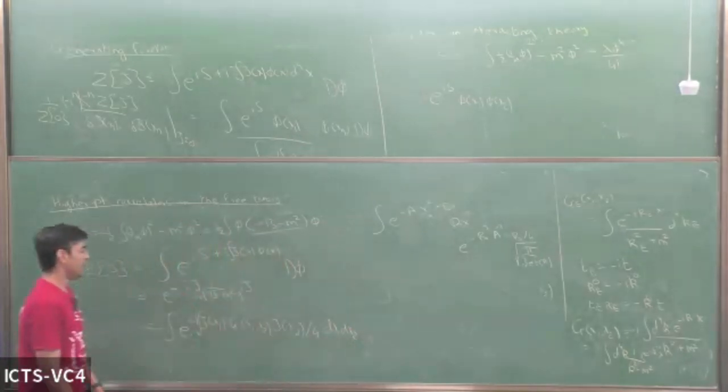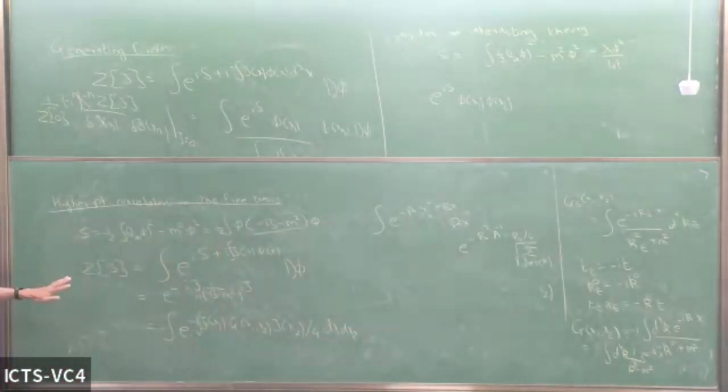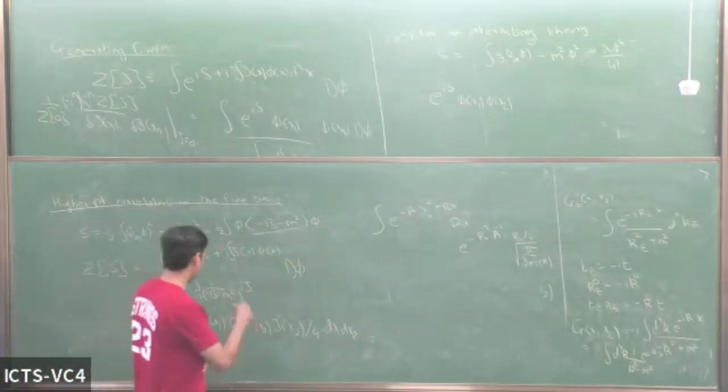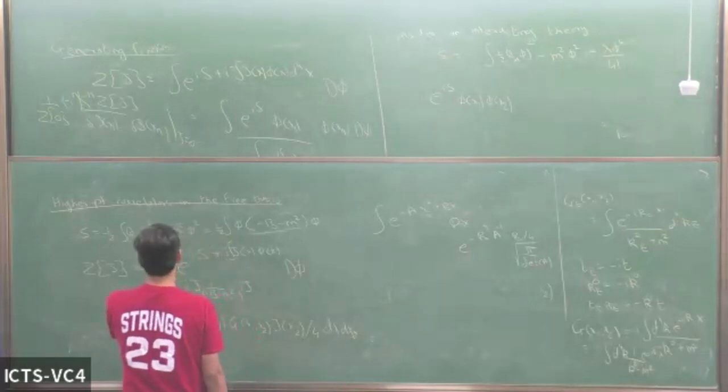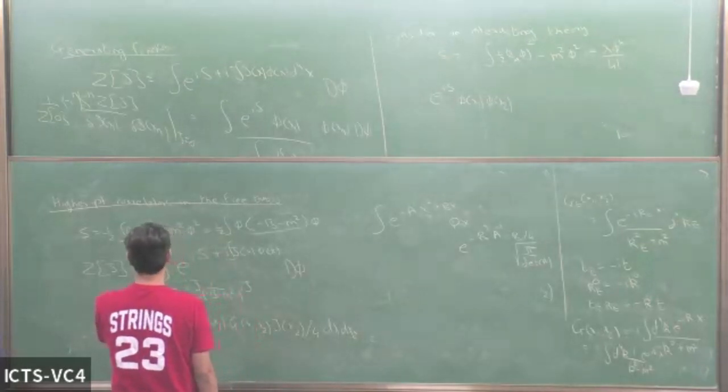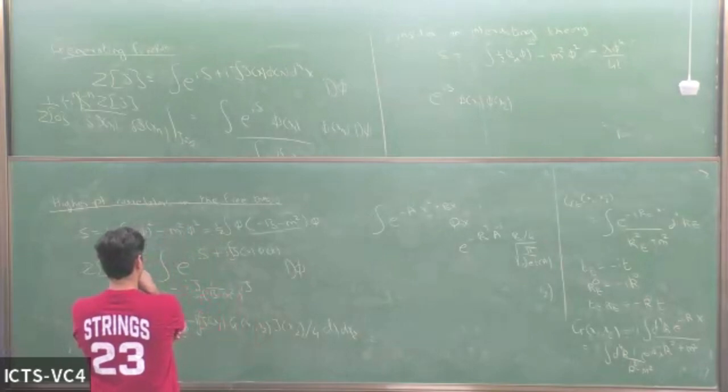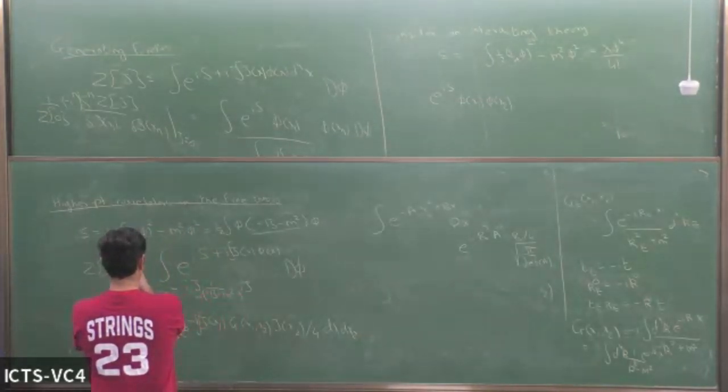The main point is when you differentiate this twice with respect to j, then you find that, one second guys, this is ij.